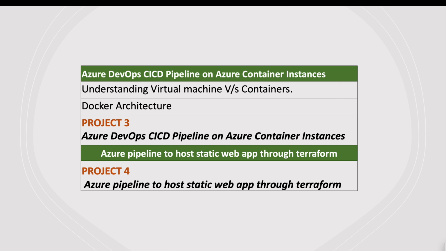So we will cover the basic stuff about containers, and we will create project 3 actually, the Azure Container Instance. After that, the other project we have is how to host a static website in Azure Cloud using Terraform, right? So that we will discuss here.